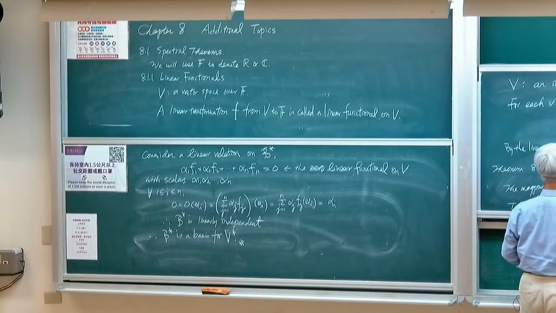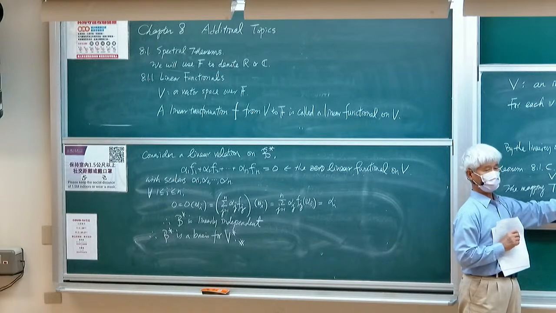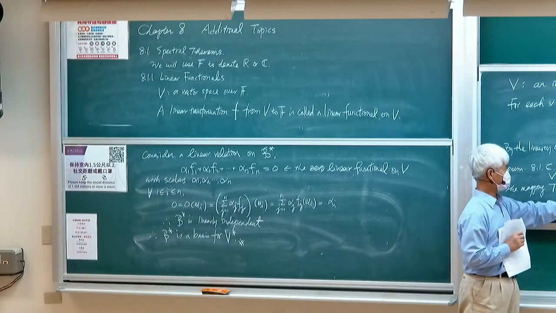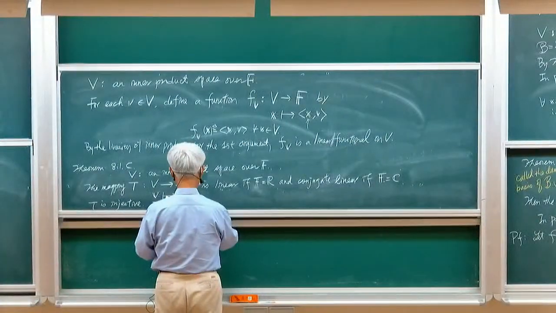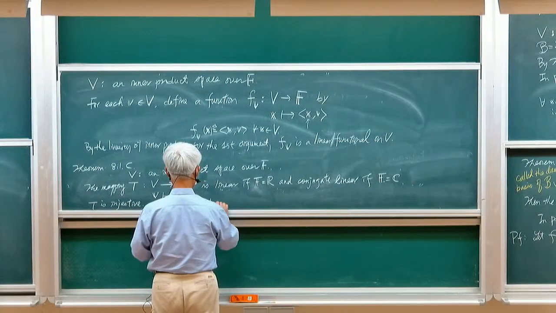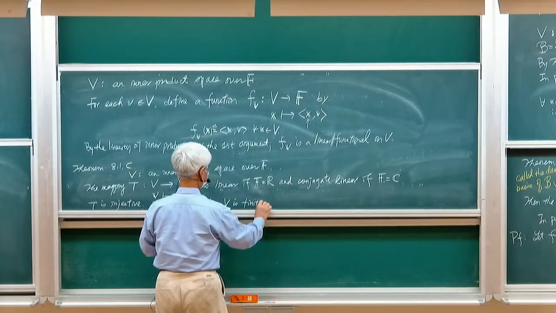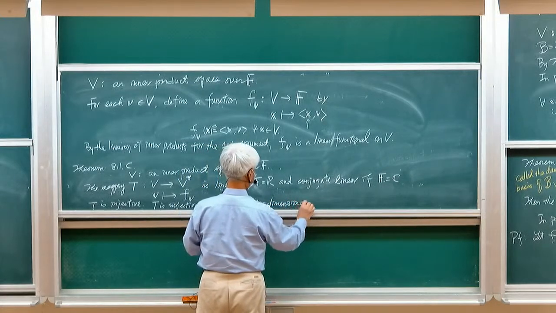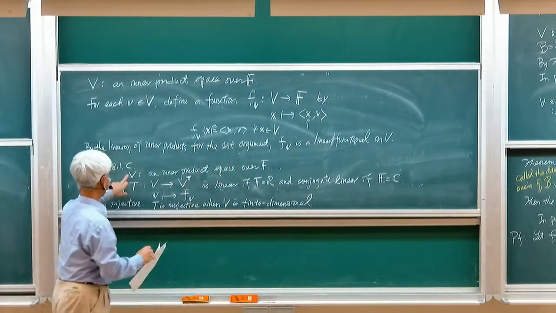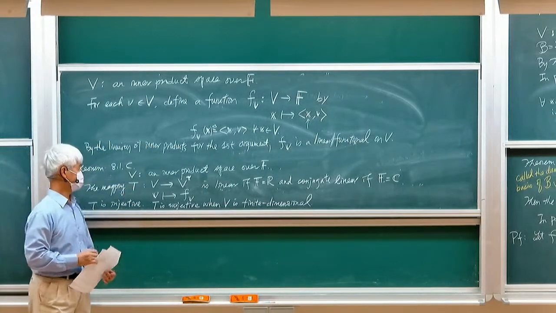This is very important: T is onto means that every linear function can be constructed in this way. T is surjective when V is finite dimensional. So when the inner product space V is finite dimensional, then T is surjective.